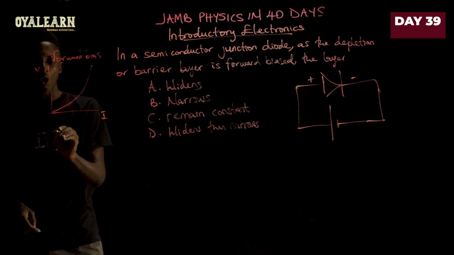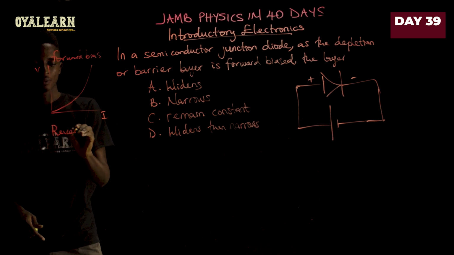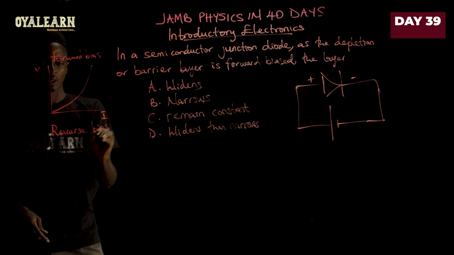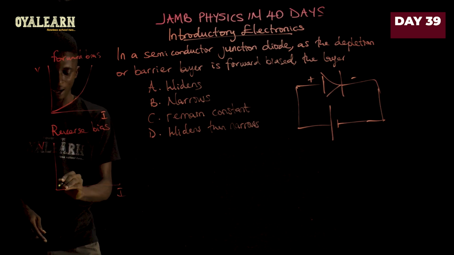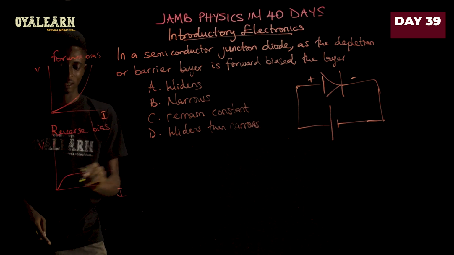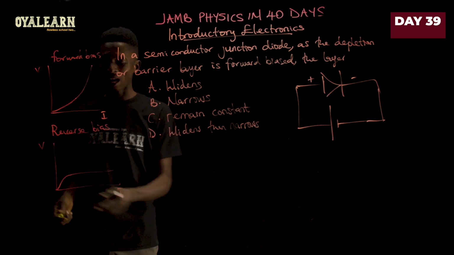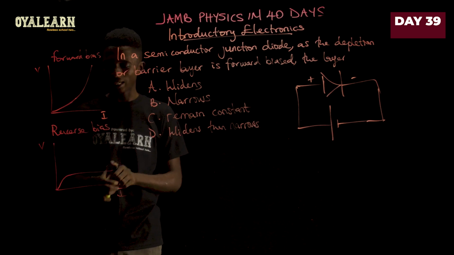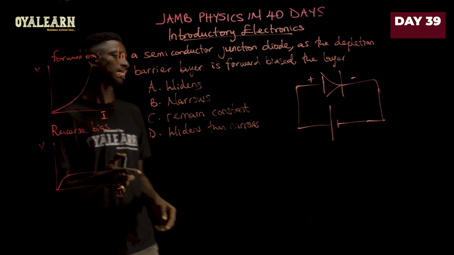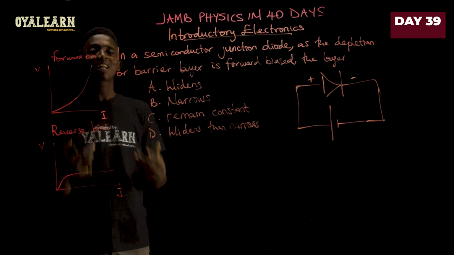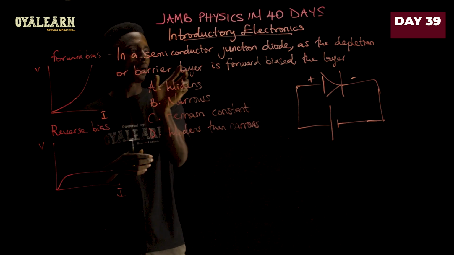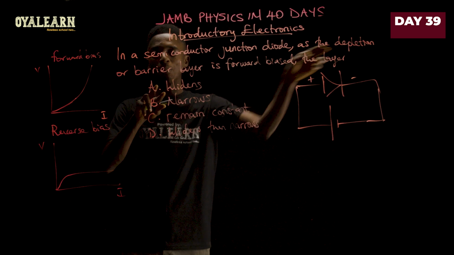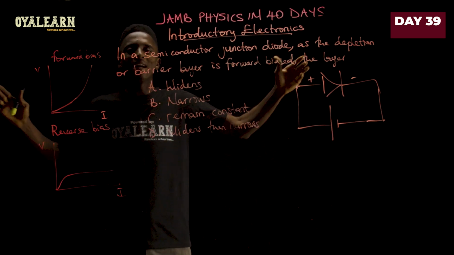But by the time you do it for reverse bias, the VI characteristics for reverse bias goes like this and then remains constant. It does not allow current to flow again. Now what happens here is that in reverse bias it will act more as an insulator, in the sense that what we are looking at here, which is actually the depletion barrier, will begin to widen.